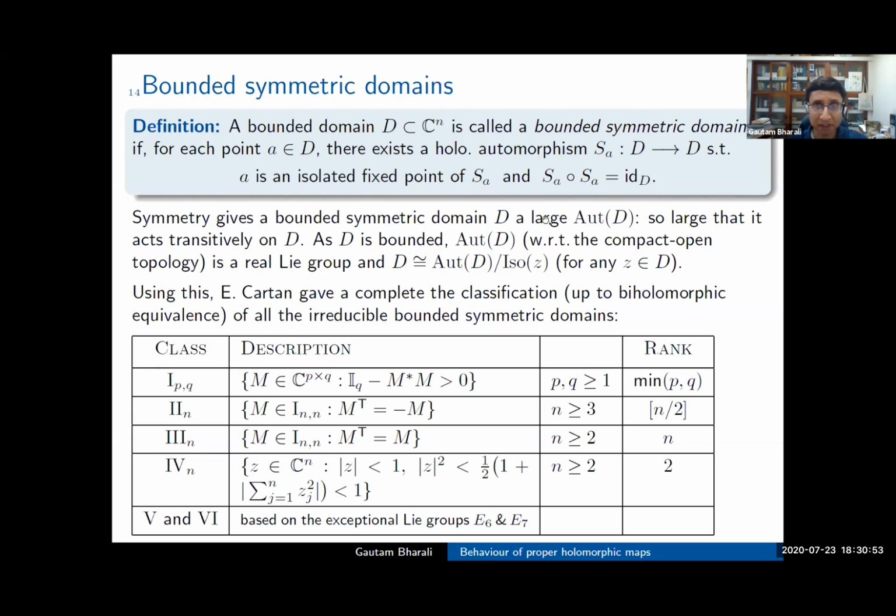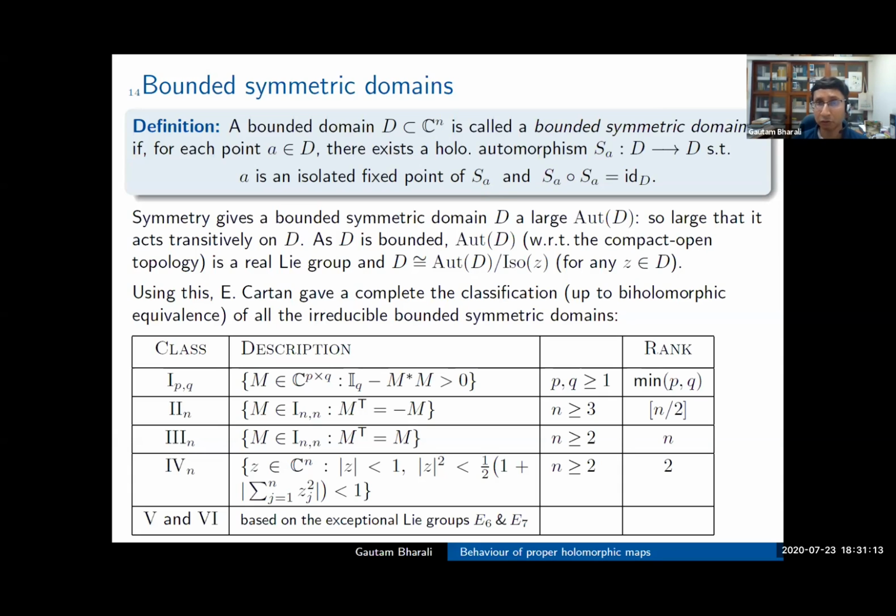The two properties of the symmetry are such that the linearization of this map has very specific properties, which allows us to see that the behavior of s sub A around A is like a reflection.